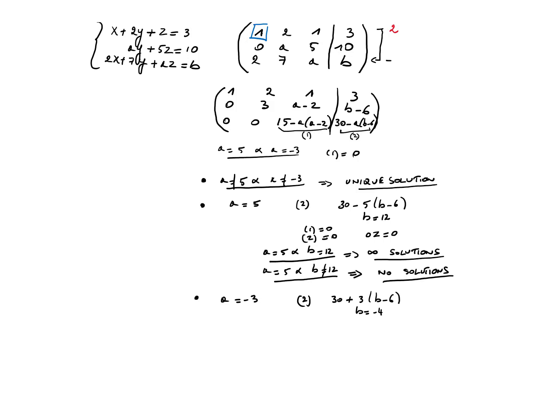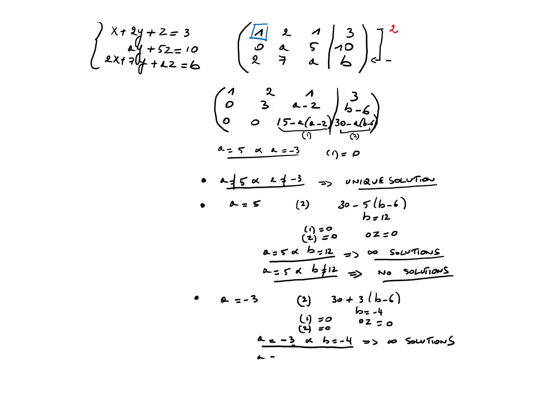If you put b equal to -4 here, you have the situation where 1 is equal to 0 and 2 is equal to 0. Again, you have this type of equation, 0z is equal to 0. So a equal to -3 and b equal to -4 is a special case where, again, you have an infinite number of solutions.